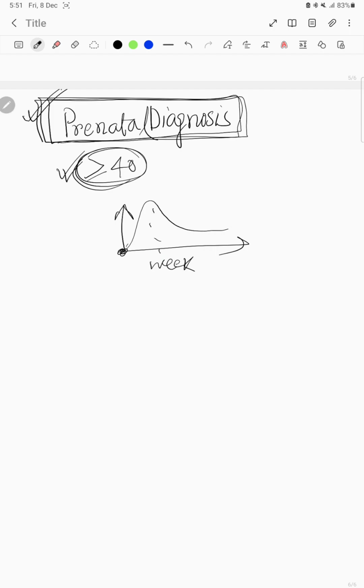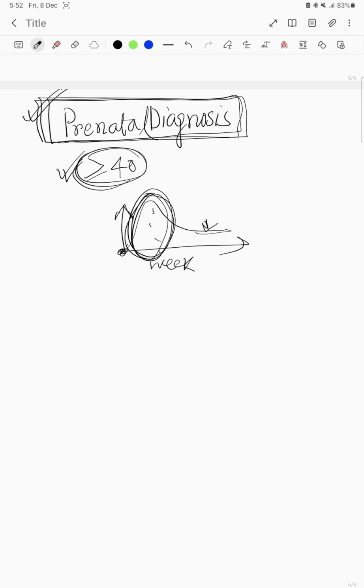Around the 3rd to 8th week, the chance of formation or starting of a defect increases, and after that it decreases. The cause of defect may be environmental, may be genetic, or may be any kind of minor anomaly.